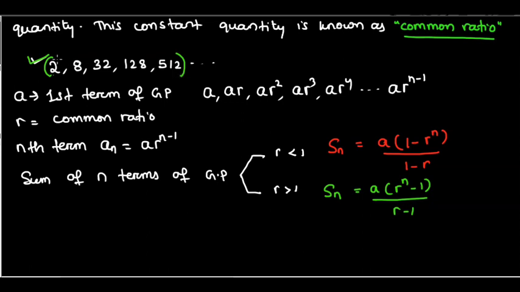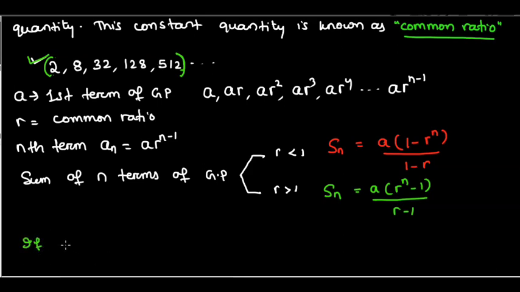The first term is 2 and the fifth term is 512, and this is the last term, means the GP contains only the 5 terms, or it may contain 10 terms, 15 terms, a finite number of terms. But if a GP contains infinite number of terms, means there is no boundary or there is no last term, then in that case how to find the sum?